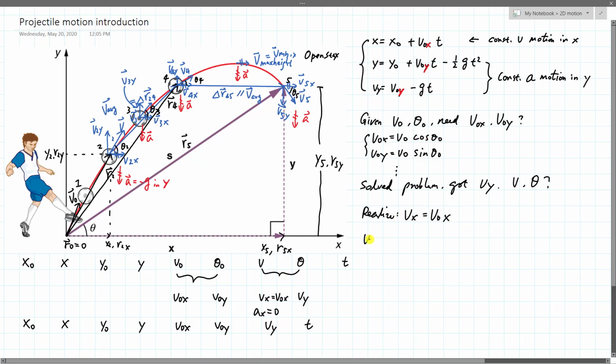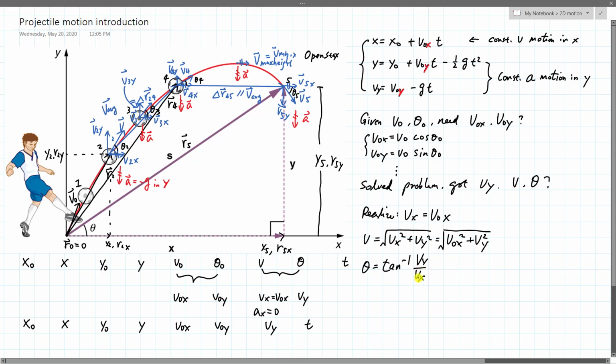So now V is the square root of Vx squared plus Vy squared, which is the same as V initial x squared plus V, not initial y squared though. This is talking about the final, right? So not initial, there's a square. And the angle, this is final angle, is tangent minus 1 of Vy over Vx.